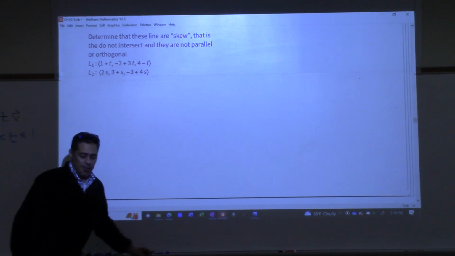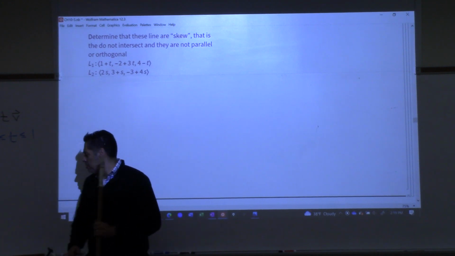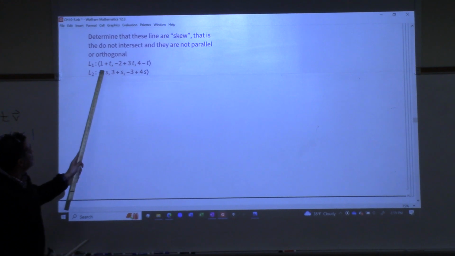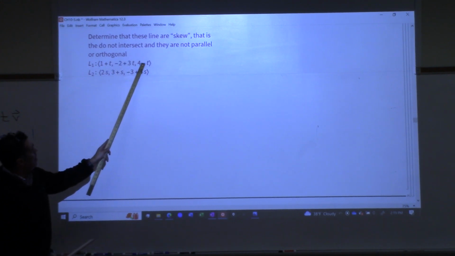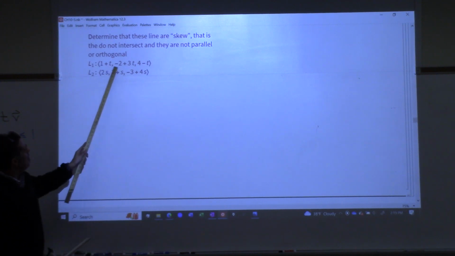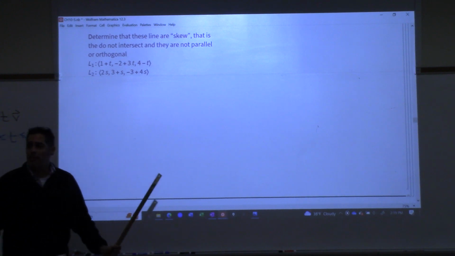I've given you 2 lines. Do these lines live in 2 or 3 dimensional space? 3, right? You can tell because the first line has 3 components. Notice that the first line I'm calling capital L1, and I'm using the variable t.